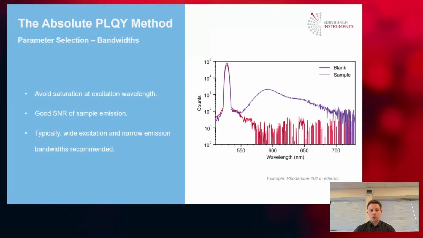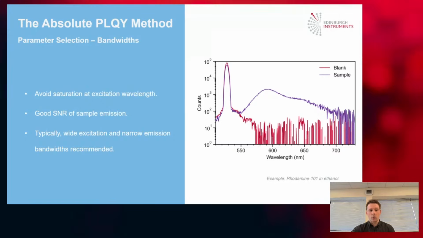The next step is to choose your bandwidth. Unlike a typical fluorescence experiment, we're going to choose our parameters based on the excitation peak, as this is going to be the most intense peak in this measurement.